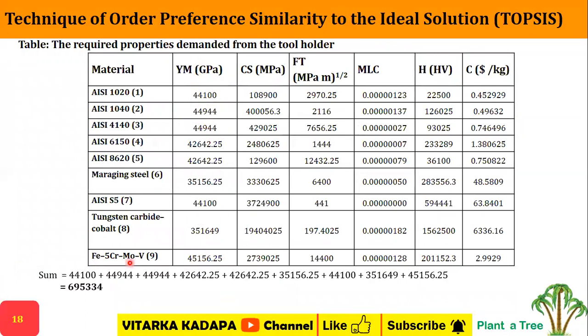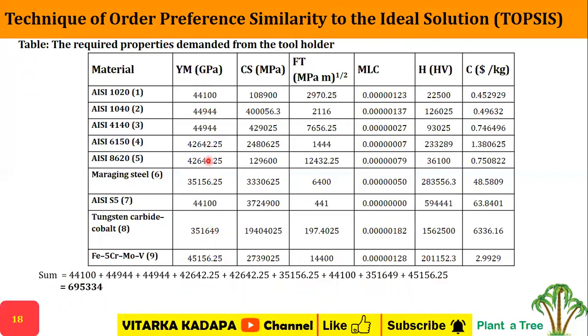If I sum, I get 44,944 plus 42,642 plus 42,642 plus 35,156 plus 44,100 plus 35,035 plus 3,51,649 plus 45,156.